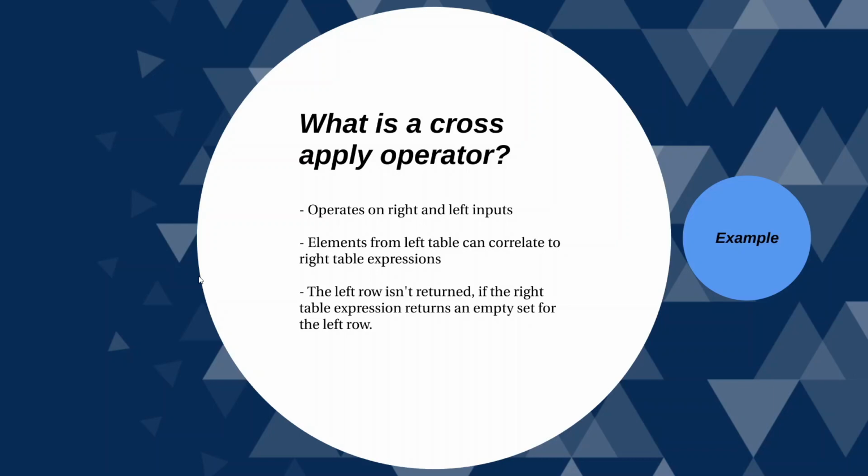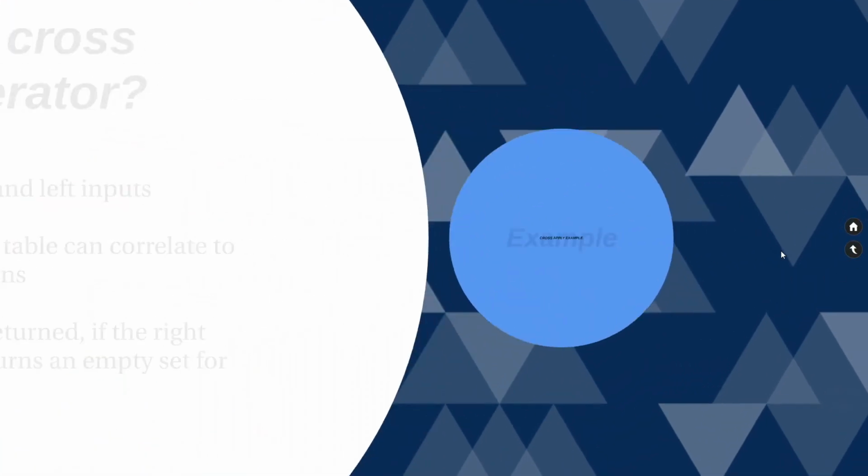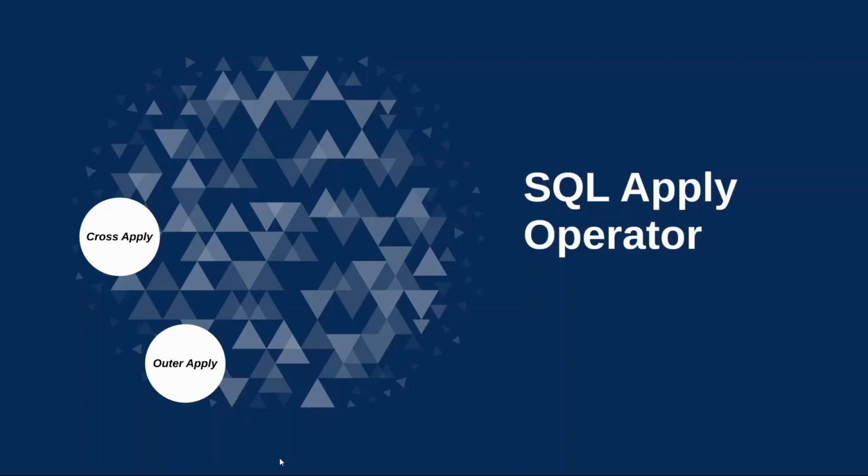If you want to look at correlation, you can see the link in the description and check my other video about the correlated query, which will give you an idea about how you can correlate between the two queries. Let's have a look at an example for better understanding.